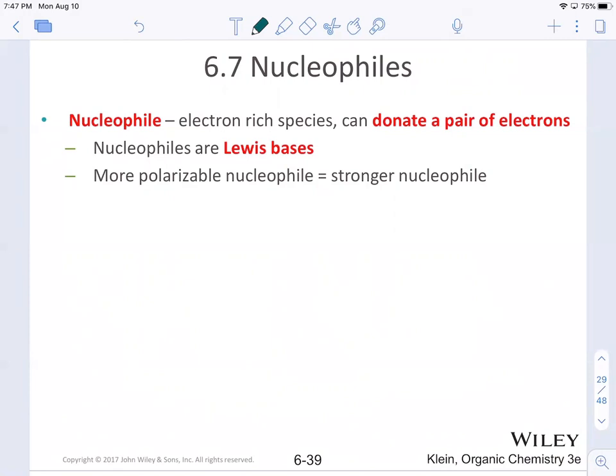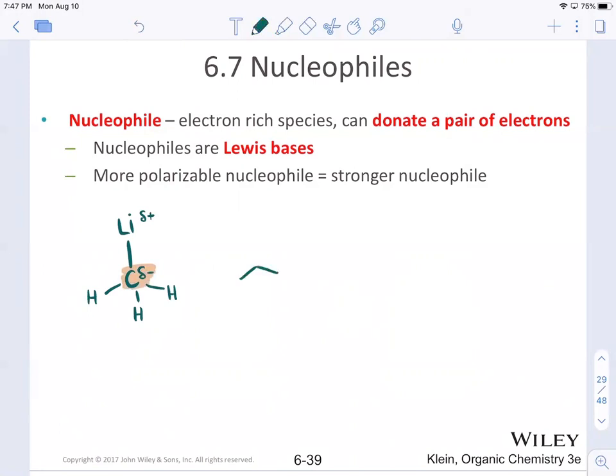So nucleus loving, what's in the nucleus? Protons. Electrons attract to those protons. So a nucleus loving species must have a lot of electrons to donate. That lithium to carbon molecule has carbon being the actual nucleophile.